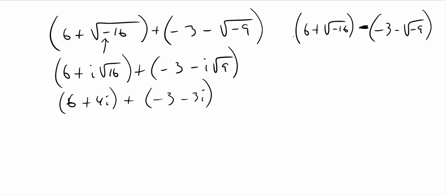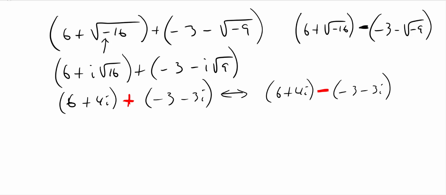So if you did all this work, you'd get to the same thing as this third line here. So I would get 6 plus 4i, everything would be the same, minus negative 3 minus 3i. It's all the same except this one's got a negative here, and this one's a positive. Okay? So if you have a square root that's a negative, change it to an i.